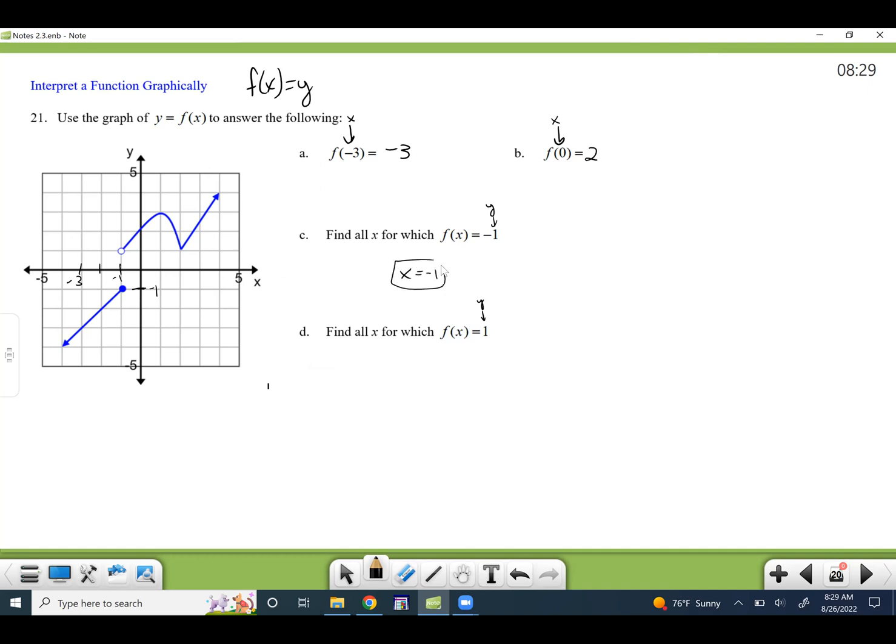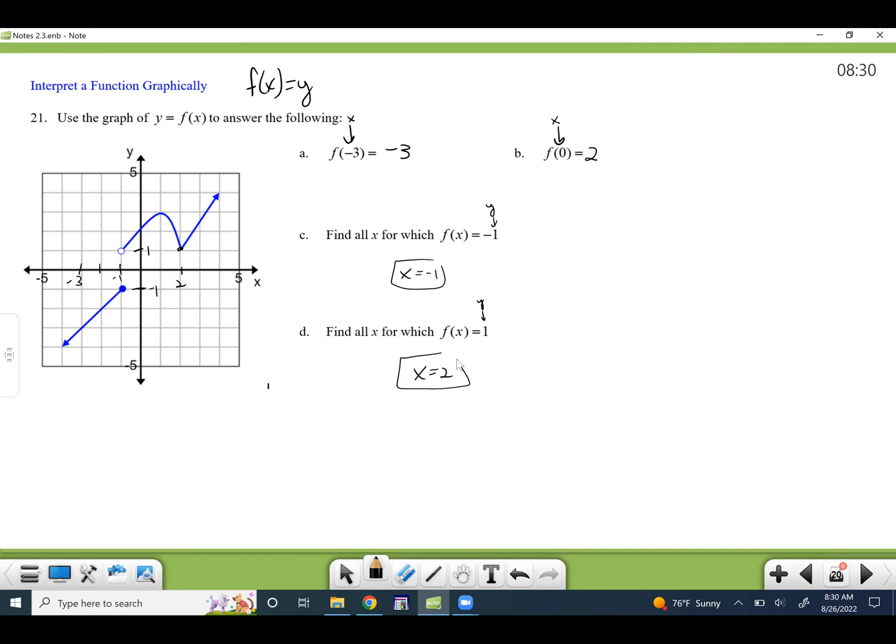The next one gives us a y value of 1. So we come up here to the y value of 1. Now I'm not going to count over to this dot, because it's an open circle, which means the dot isn't there. So I'm going to count the other way. 1, 2. It looks like I have an x value of 2 right here at this dot, you guys. So x equals 2.